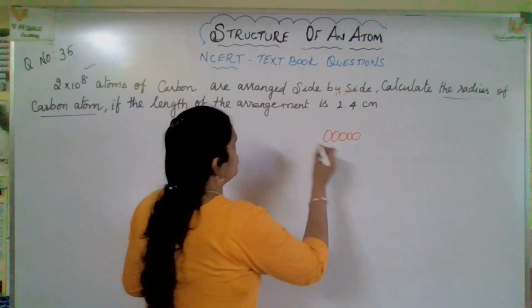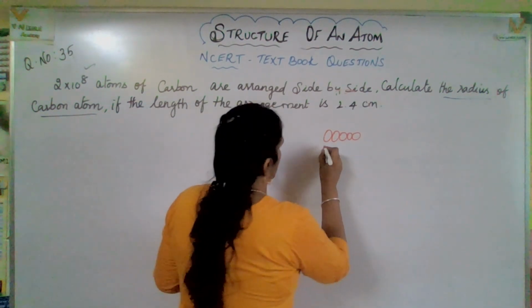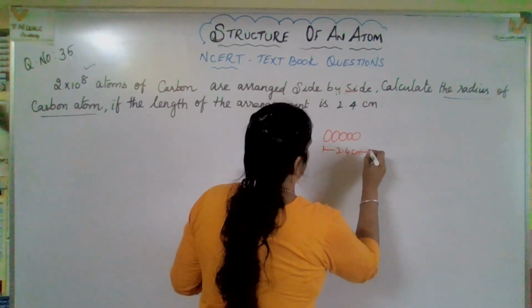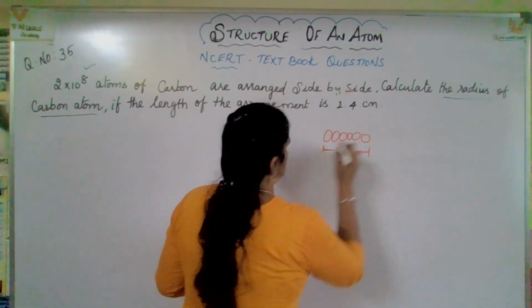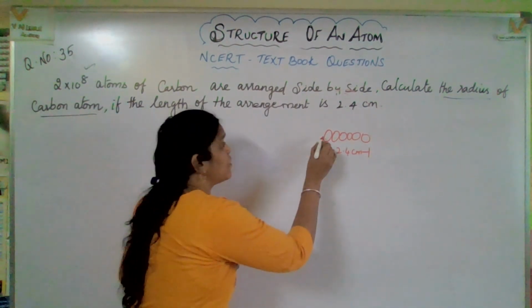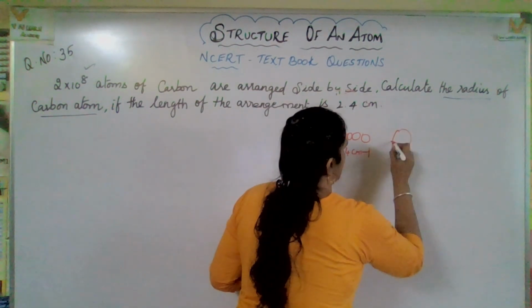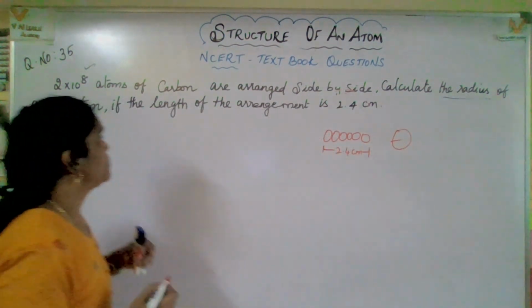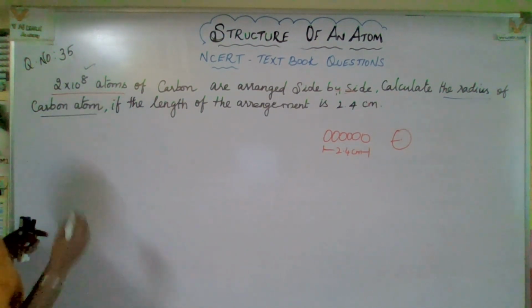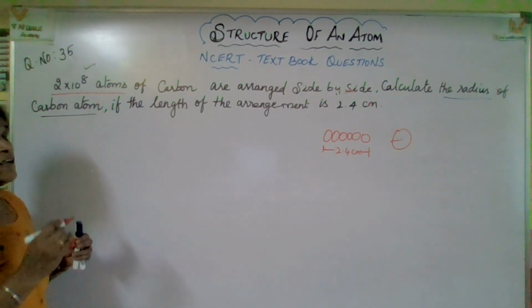So the length of the arrangement of carbon atoms is 2.4 centimeter. Calculate the radius of the carbon. See, you have to calculate the radius of the carbon. Number of atoms is 2 into 10 to the power of 8 atoms of carbon.